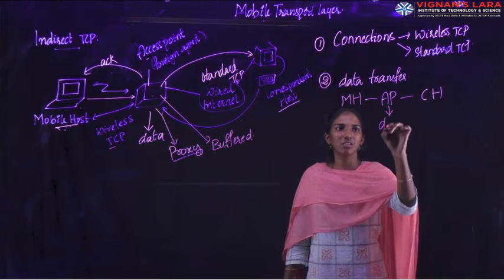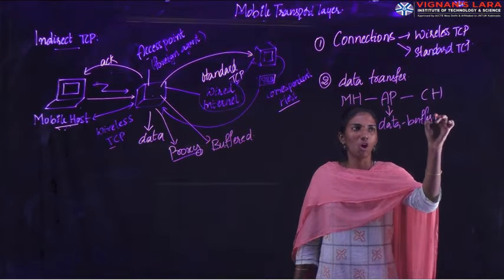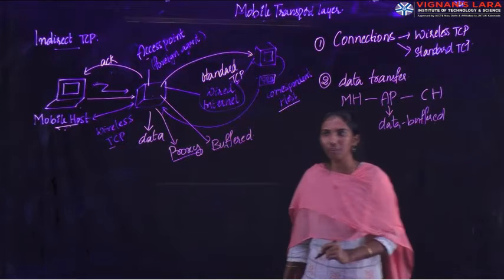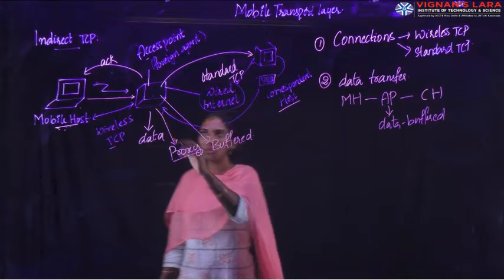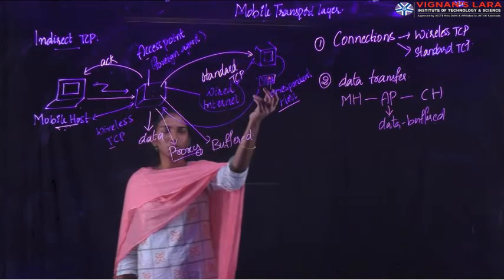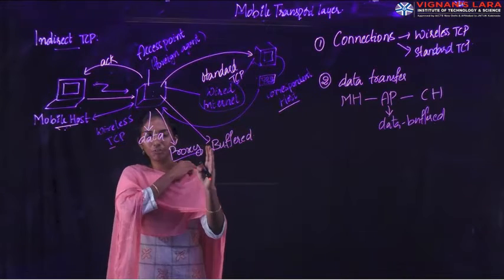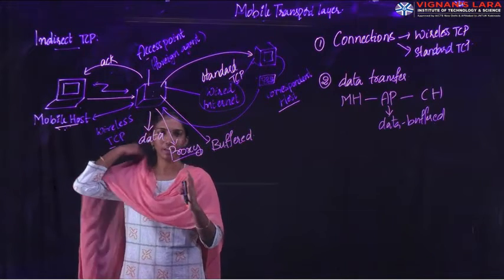On successful receiving of data from the mobile host, it is going to send an acknowledgement to the mobile host. After that, it will start transferring data to the correspondent host. So this is the data transfer phase happening in indirect TCP.